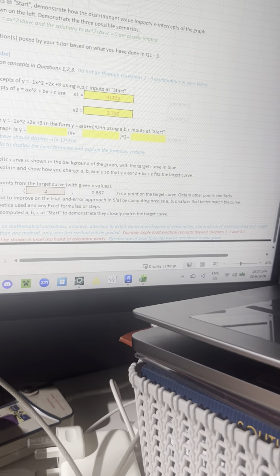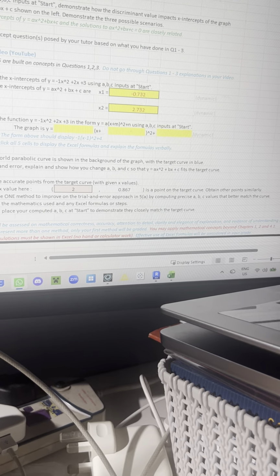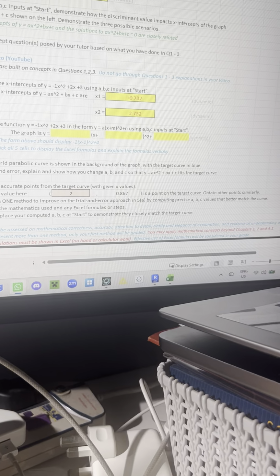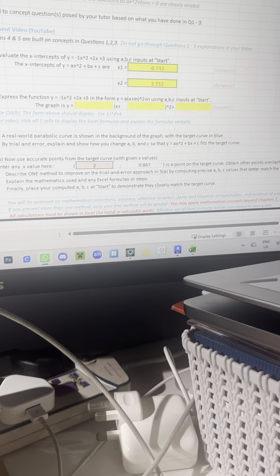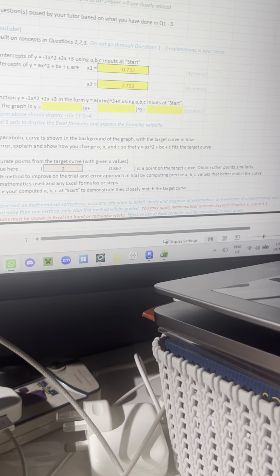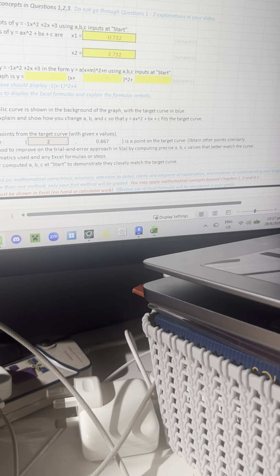So we need to find the turning point. I calculated m as negative b over 2a, the horizontal shift, and n as the function value at that point, the vertical shift.